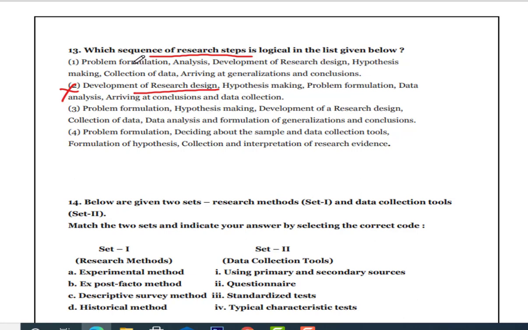After problem formulation we cannot decide about the sample initially. We will find out the hypothesis, so this won't come, and then this analysis won't come. So in this research step: problem formulation, hypothesis making, development of a research design, collection of data, data analysis and formulation of generalization and conclusion. So option 3 is the answer.